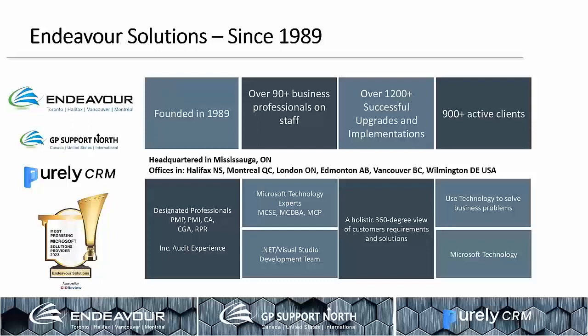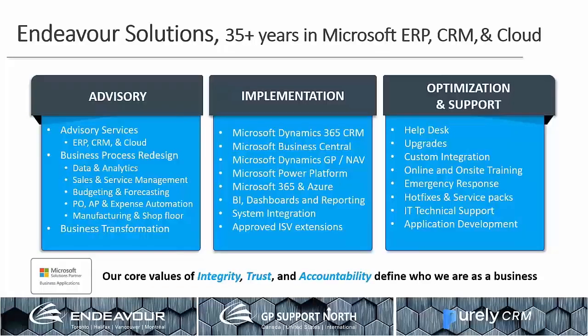Continuing to win awards, and as you can see, we have our 3 brands, Endeavor, GP Support North, and our purely CRM team, a very strong team using the Dynamics 365 CRM. Advisory services, implementations, and ongoing support, as you would expect from most consulting firms. Unlike some others, we really believe strongly in our core values: integrity, trust, and accountability. Without all 3 of those, we really can't do a great job for you and help you get more out of your systems and help Microsoft Business Applications work for you.